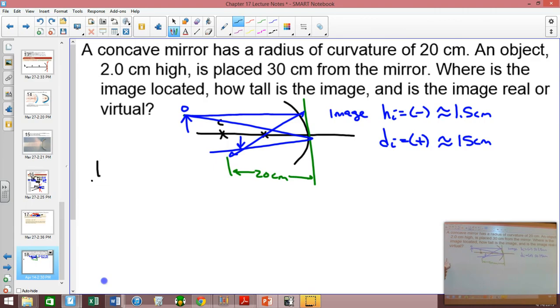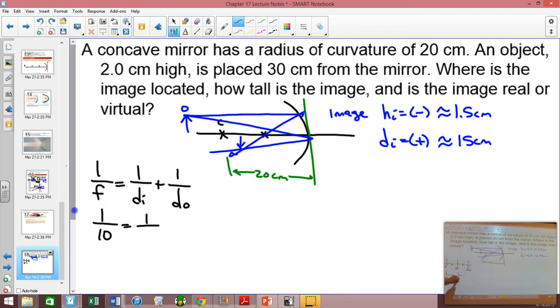So 1 over the focal length equals 1 over di plus 1 over do. My focal length is 10 centimeters. The distance to my image is unknown, and the distance to my object is 30.